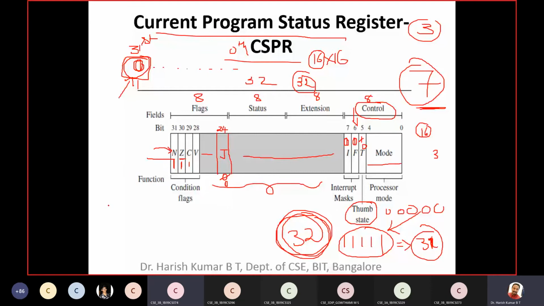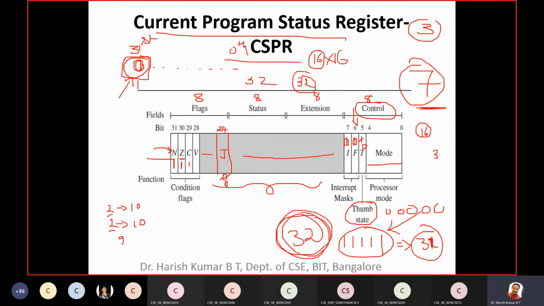Say I want to represent 2. It's a 2-bit number, so only 2 bits are sufficient. I'll write it as 1 0. Another 2, I'll write it as 1 0. Yes, 2 is a 2-bit number.